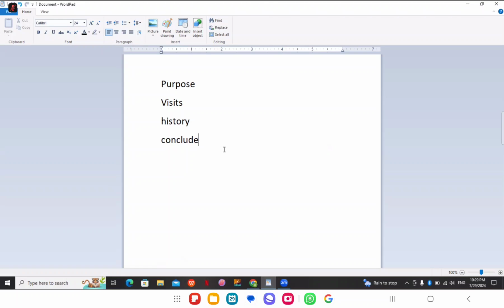Now, let's dig into it. How you can write the visits. This is an update letter, right? So we are going to write previous visits first. At the end, we're going to write today's visit. What I mean by today's visit is the consultation that we are providing today, and the discharge plan.